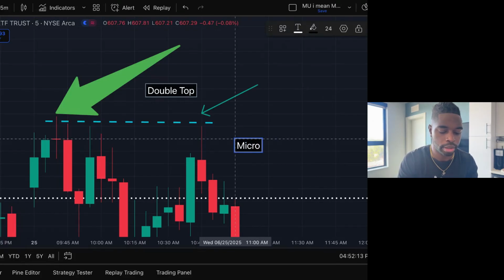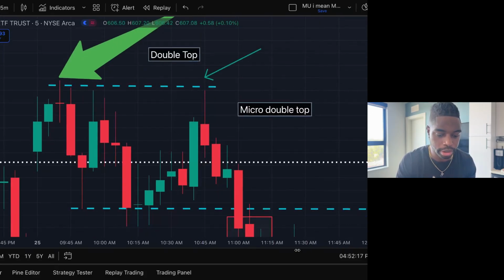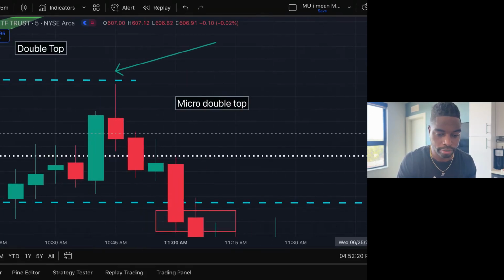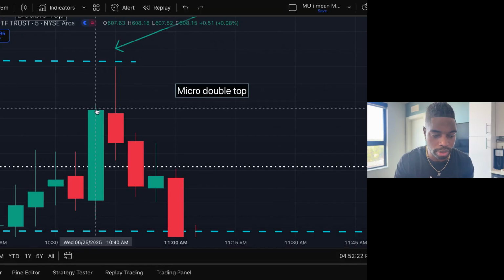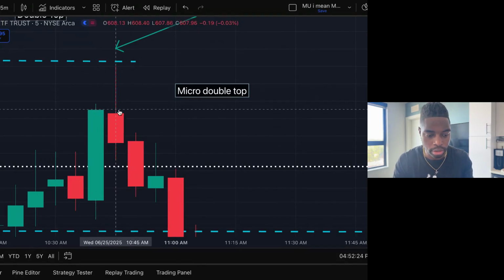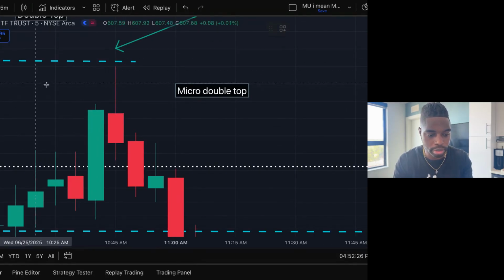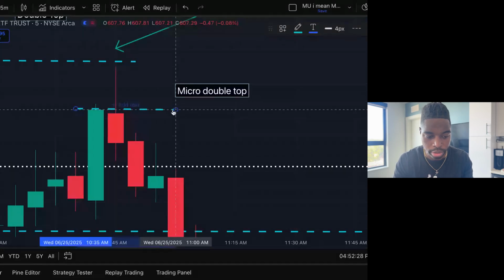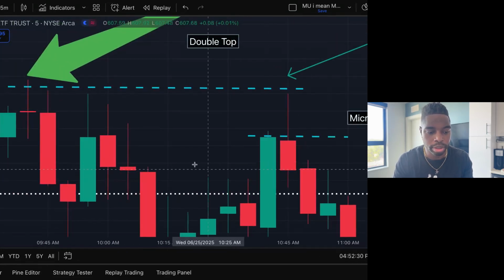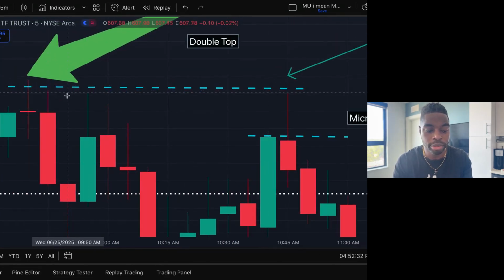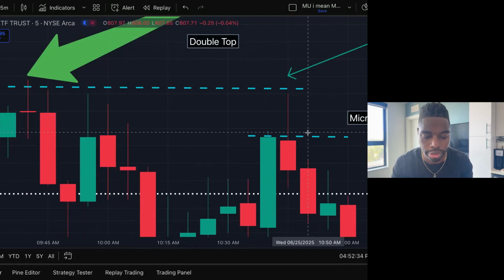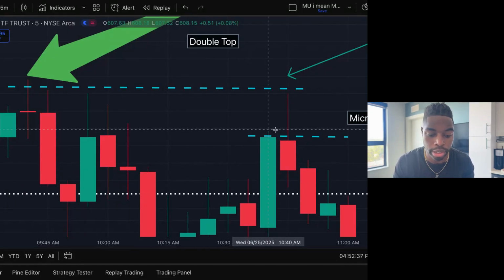A micro double top is just what it sounds like. It's when you have a close and then an open right next to each other on adjacent bars. That's different from a double top, because with a double top, we have a high we put in here, and then a bajillion bars later, or at least 1 or 2 bars later, we have another top.